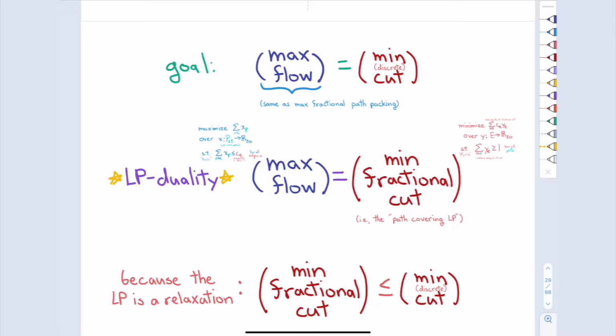And since the LP is a relaxation of the discrete problem, the minimum fractional cut is at most the minimum discrete cut. So we're getting a lot of information for free. If we could only show that the min discrete cut is at most the min fractional cut, then we would be done. We get max flow min cut. Does that make sense?